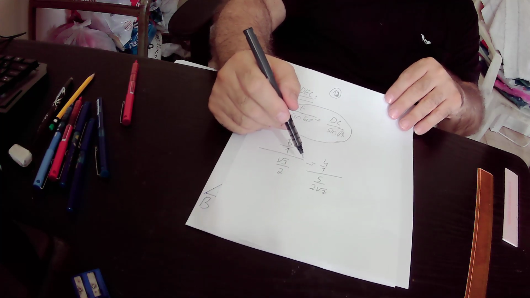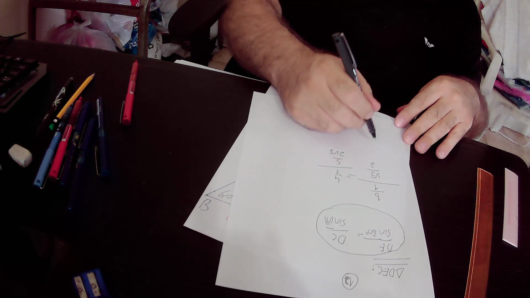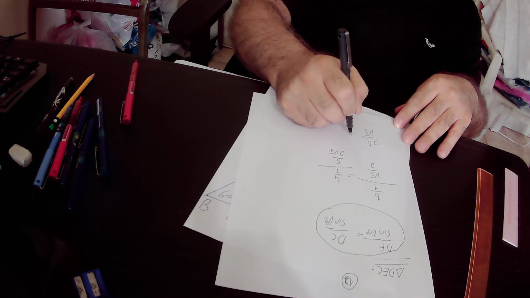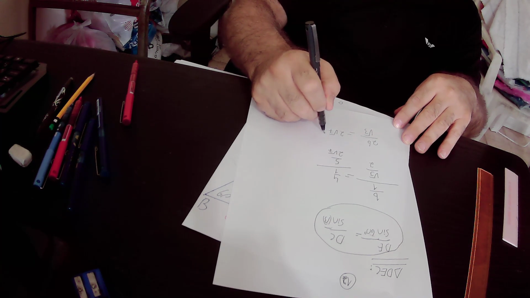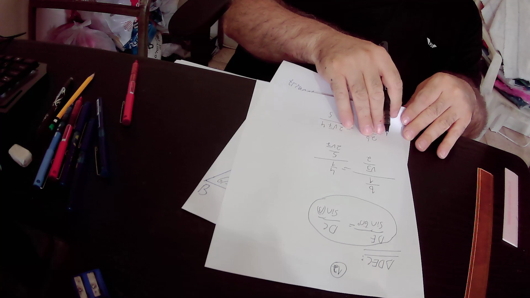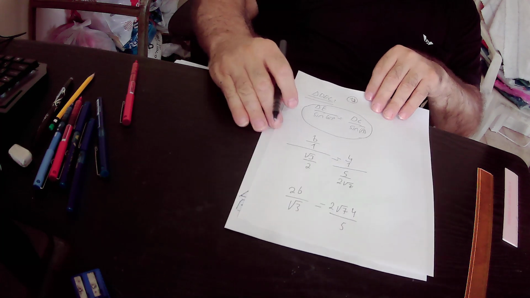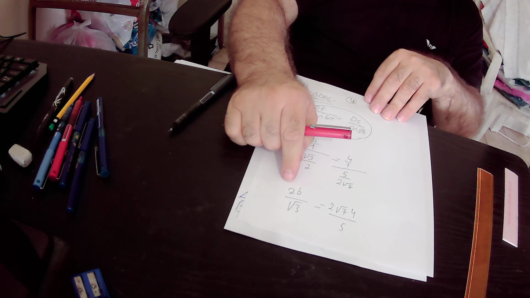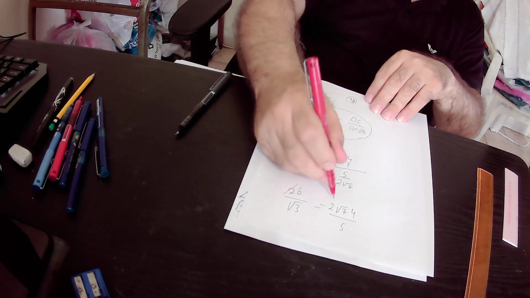Okay, very simple arithmetic calculation, and we will get that 2 times B over root 3 equals 2 times root 7 times 4 over 5. Okay, so we actually got this equality, and here we have 2 in this side of the equation, and we have 2 in the other side of the equation, so we can cancel 2.